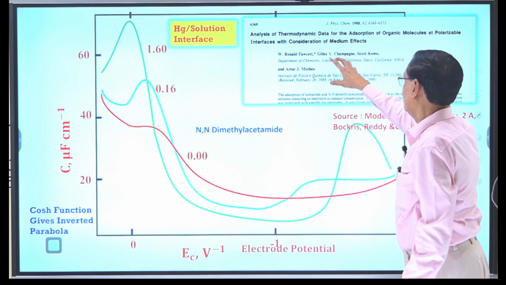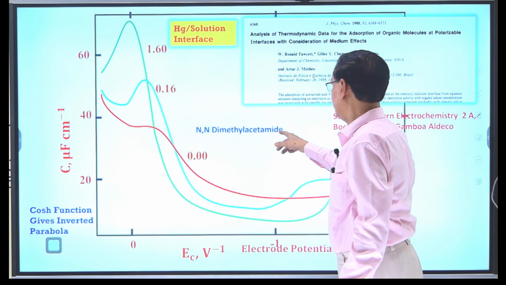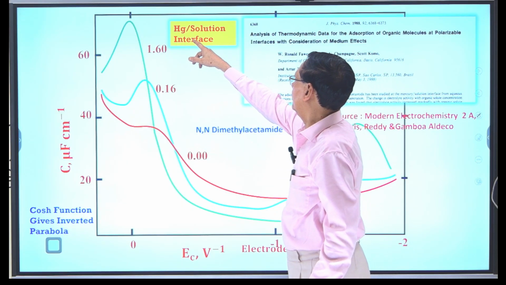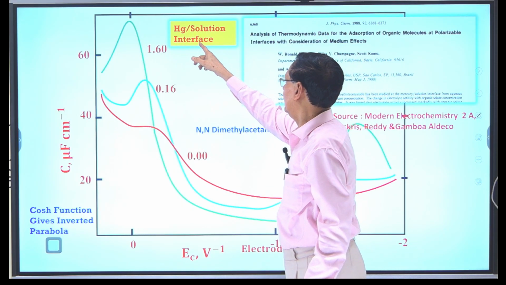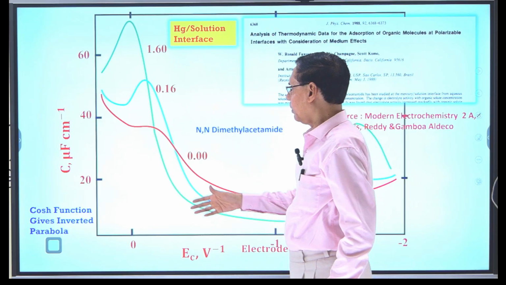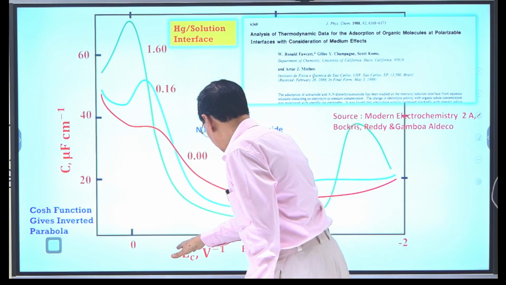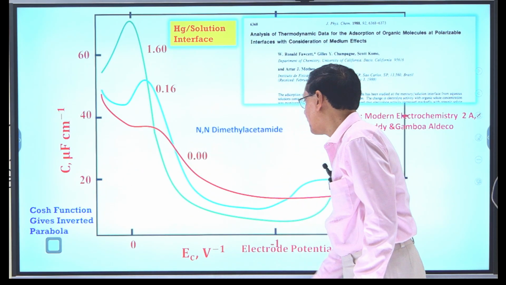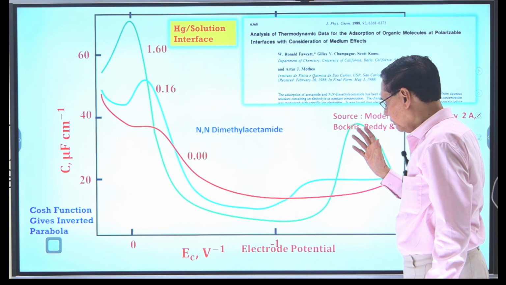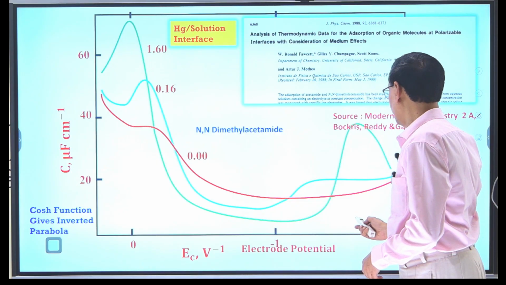In this graph they have changed the concentration of N,N-dimethylacetamide in sodium sulfate, at the mercury and solution interface. Basically, if I plot a graph between the differential capacitance and the electrode potential, what happened if we follow that cos function, which I have already shown you.